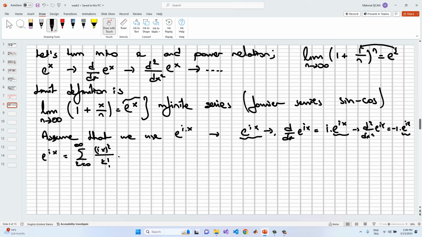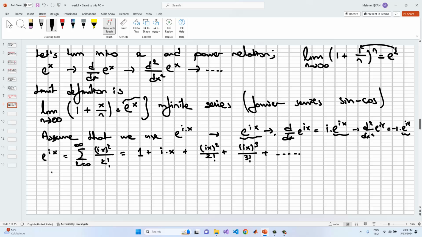This is the basic definition. And then we can expand this term: it is equal to 1 plus ix plus (ix)^2 over 2 factorial plus (ix)^3 over 3 factorial plus and so on, right? We can expand it just like this one.